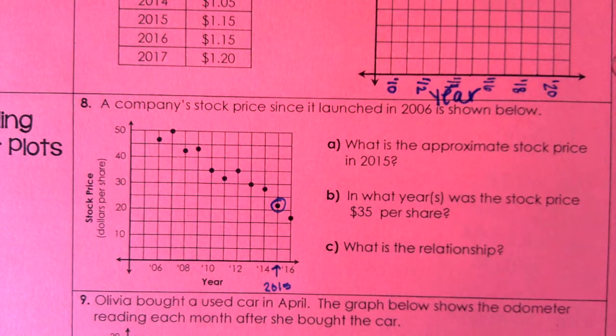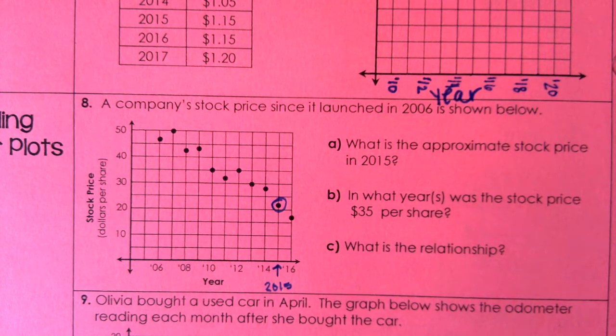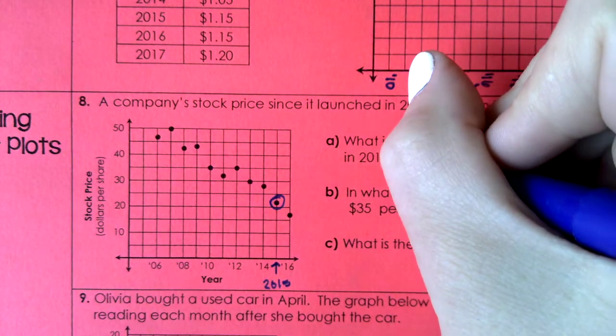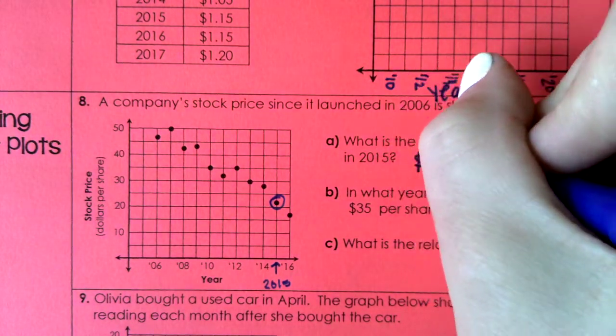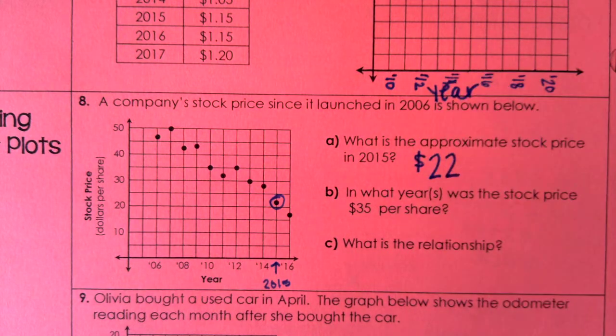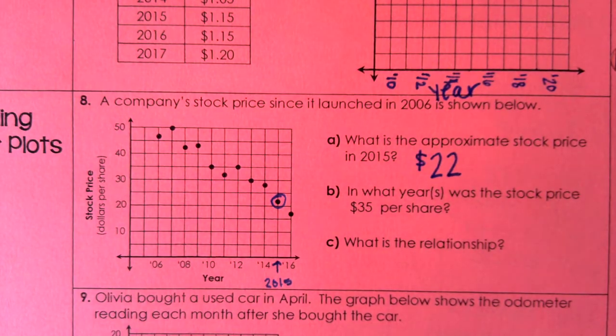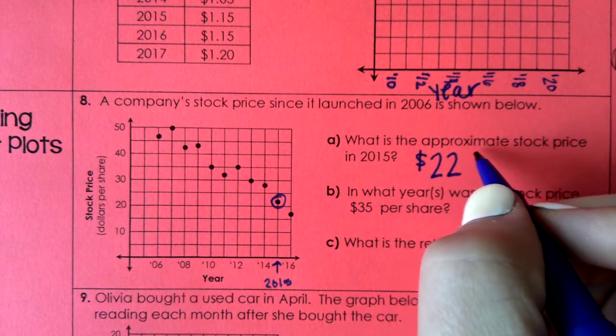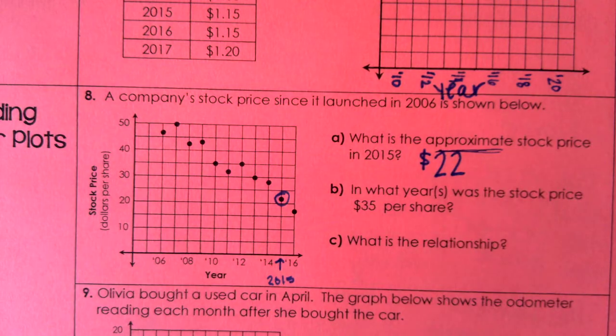And it's slightly above the 20, not quite halfway yet. So I would estimate that to be 22-ish. If you said 21, 23, that's fine. I just wouldn't say 25 yet because it's not quite halfway there. And this is approximate, so that means close to my answer.